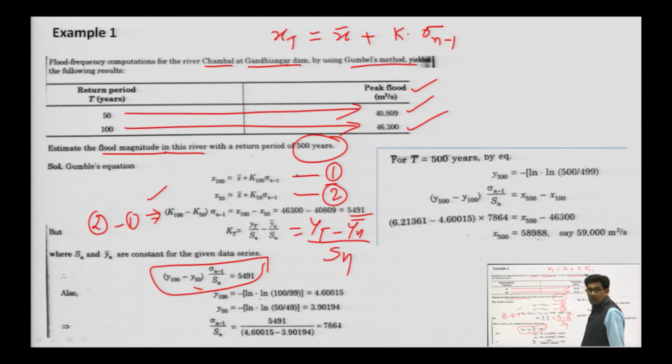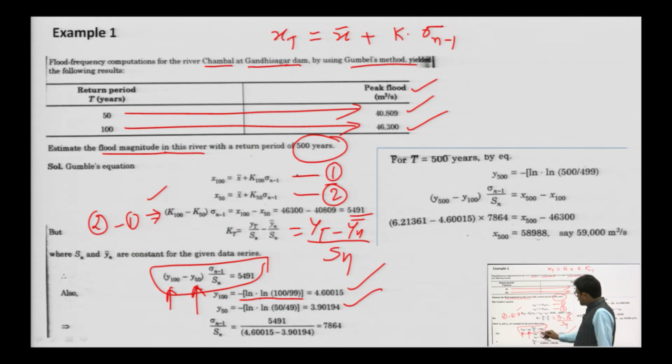And the value of y at 100 and y at 50 years, that we can calculate. That has been proposed by Gumbel's equation. The coefficient can be double ln with minus sign for 100 years, that has been calculated as 4.60015, and for this it has been calculated by this.